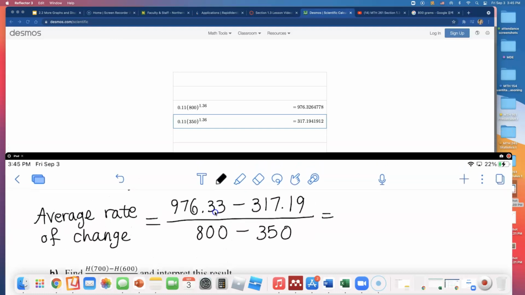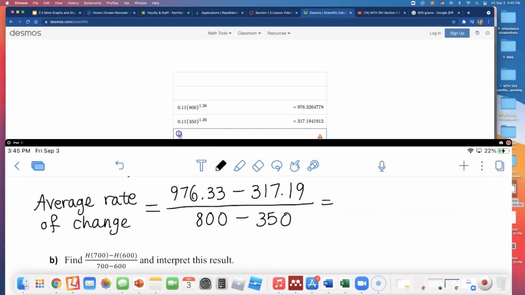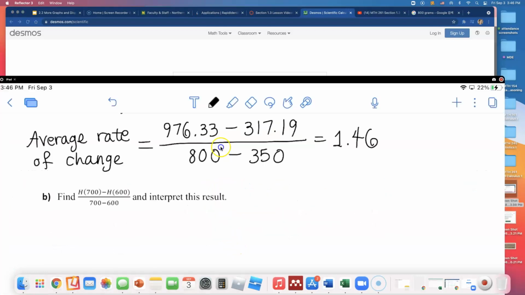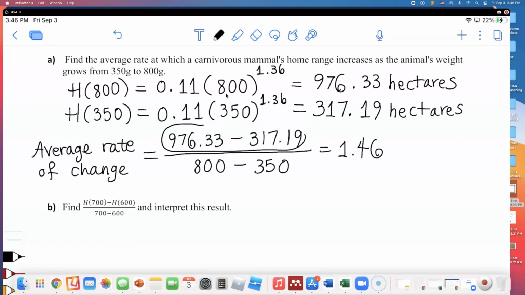So I'll type that in. I need a fraction bar, and 976.33 minus 317.19, divided by the change in weight, 800 minus 350. That comes out to be 1.46. What was the unit for the numerator? The numerator had to do with the land, the area.